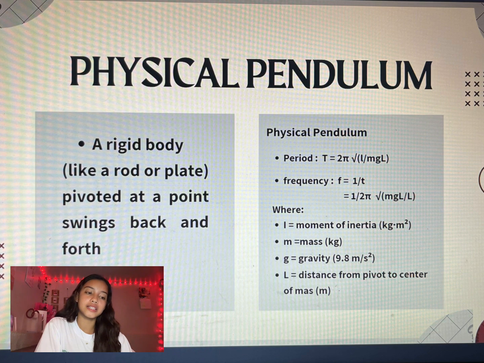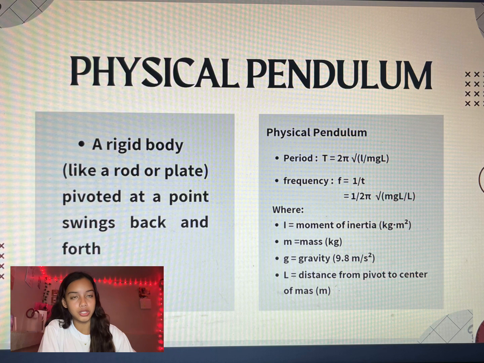The time it takes to complete one full swing is called the period, or T, and it's given by the formula T is equal to 2 pi square root of I over mgd, where I is the moment of inertia in kg times meter squared, m is the mass in kilograms, g is the acceleration due to gravity, 9.8 meters per second squared, and d is the distance from the pivot to the center of mass.